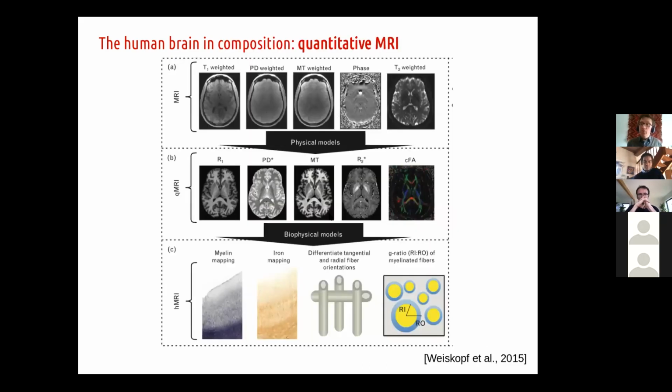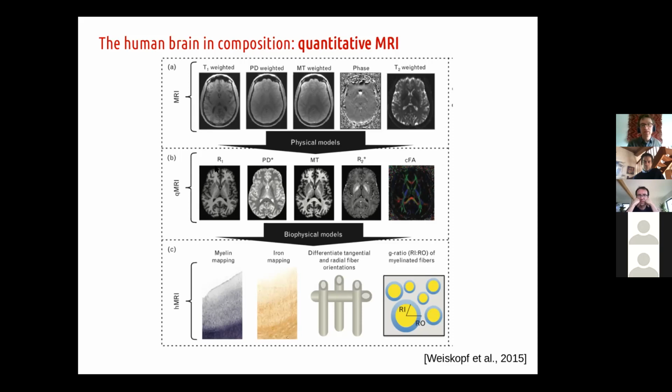So one step further, once you have all these images, you can start doing more scientific things. You can start trying to measure things quantitatively. So one thing that has been happening recently in the field, and I've been working quite a lot with, is quantitative MRI, which is the idea that rather than just get images with weighting of the different types of relaxations, you can get multiple images together and then use a physical model to invert and then get the quantitative parameter.